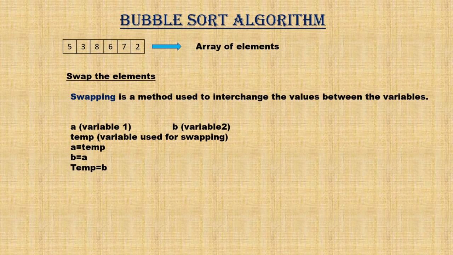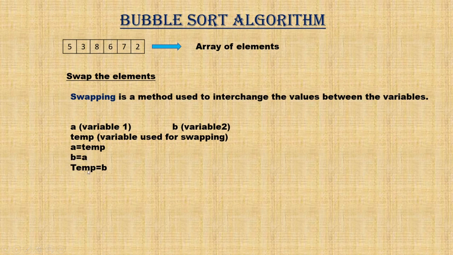So when the value of a is to be changed to b, we give temp equal to a. So the value of a will be stored in the variable temp, and a equal to b, so the value of b is now stored in a.